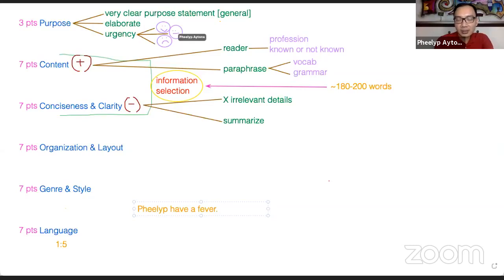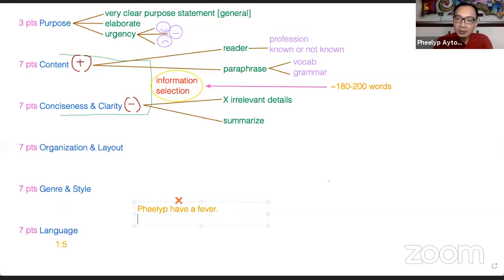Wrong. Correct. What should it be? Has. Tama. When it's a valid data point, Pheelyp have a fever. Gets mo pa rin ba kung ano yung gusto kong sabihin? Do you still understand it, despite the fact that it is grammatically wrong? Yes.